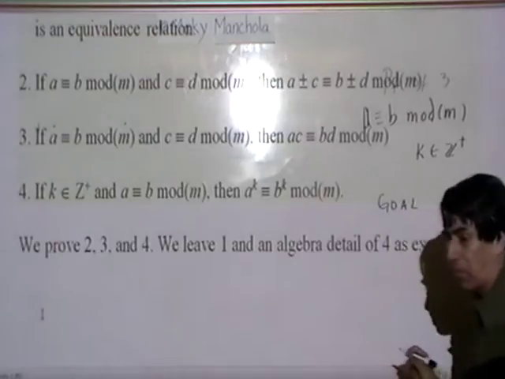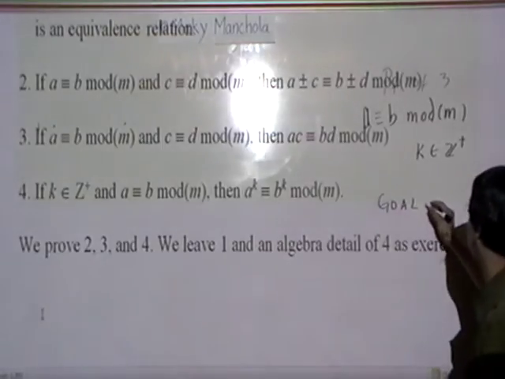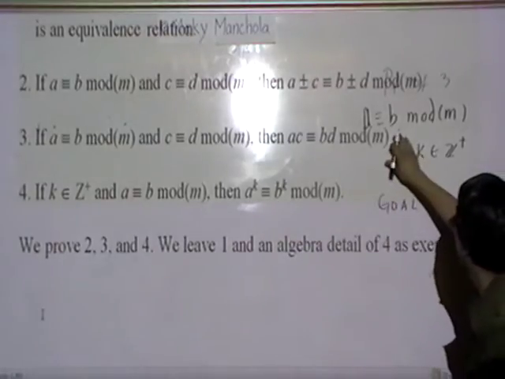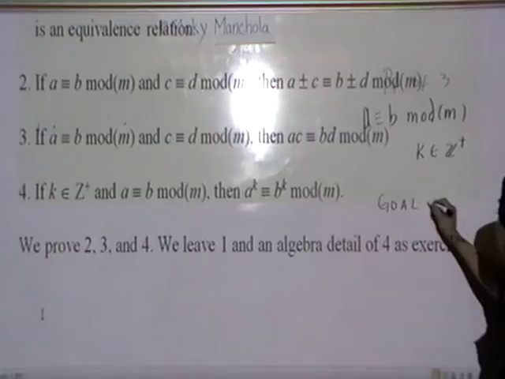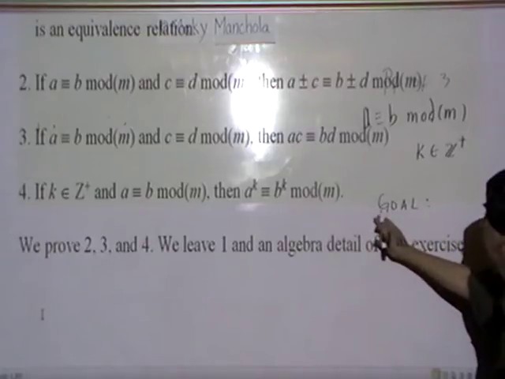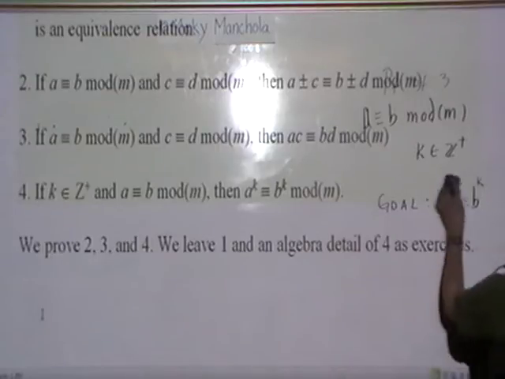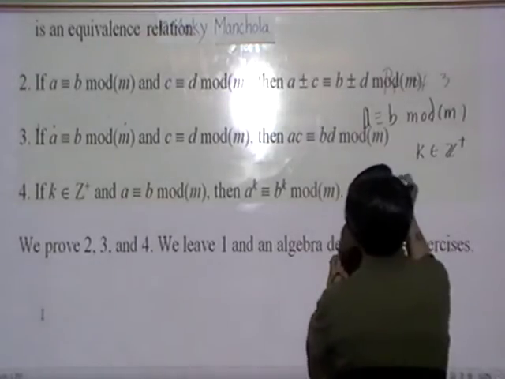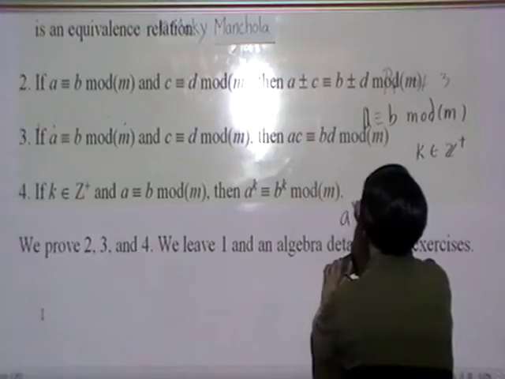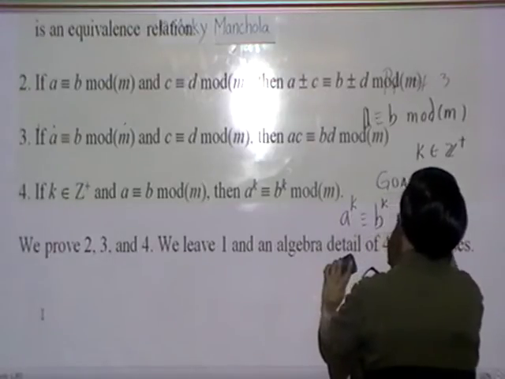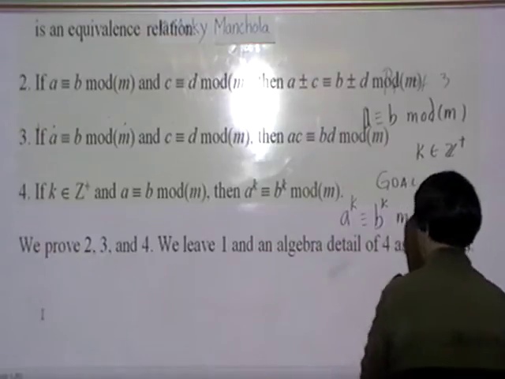Let's write the goal first and then I'll explain. Our goal is that a to the k is congruent to b to the k mod m.